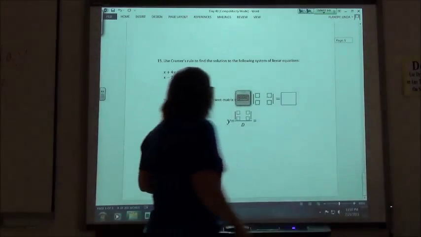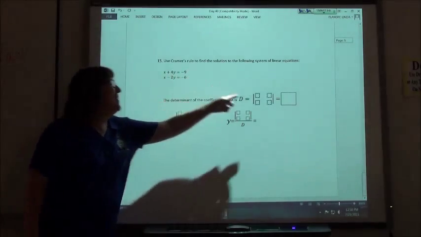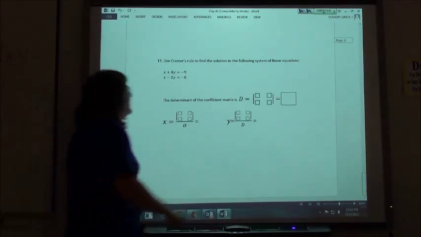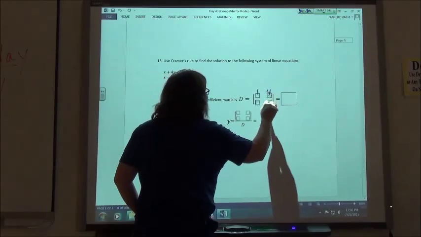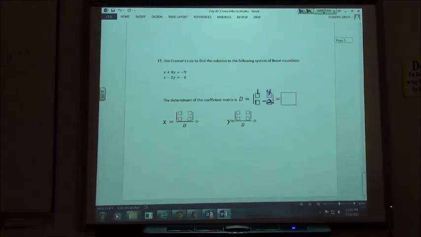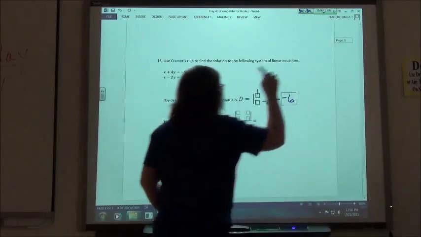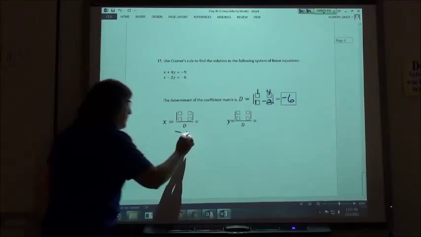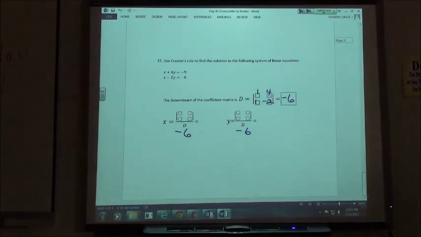And the last one of the whole summer. My D determinant would be what? 3 and 1, 4 and negative 2. So the value of that determinant would be negative 6. Negative 2 minus 4 is negative 6. So, put my negative 6 down there so we don't forget, and then I'll do my D sub x determinant.